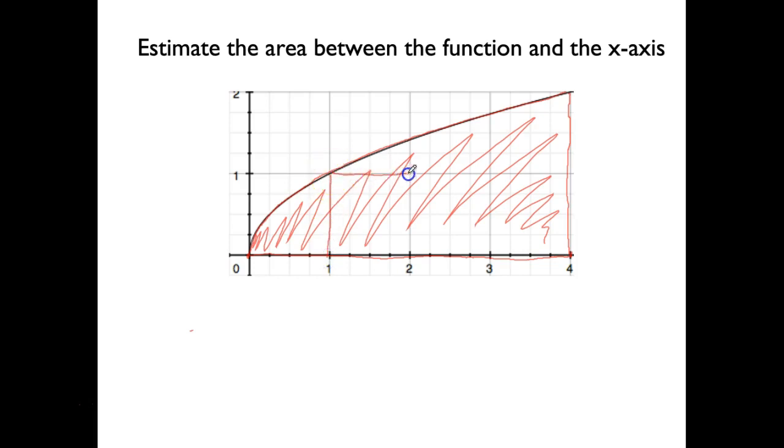I'm going to count these three, maybe, as being 3 of them. So we got a 1, a 1, and a 1. So we got a value of 3 there for the area. This one kind of looks like a half. Okay, so I'm going to say that that's like a half. So I got 3.5 so far. I'm going to say if you cut these two in half, you got a full 1 right there.